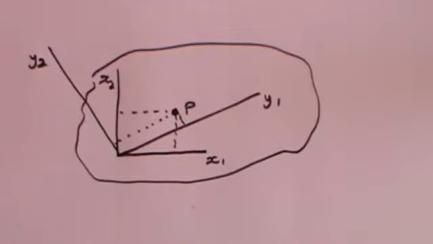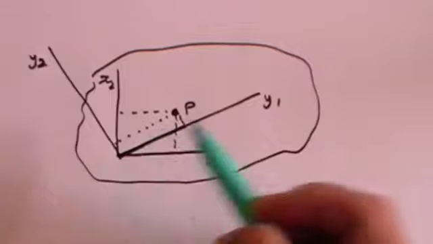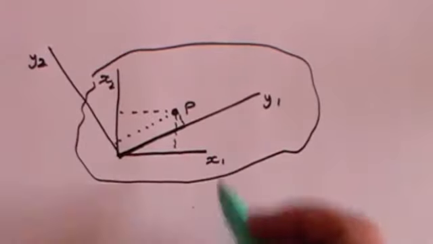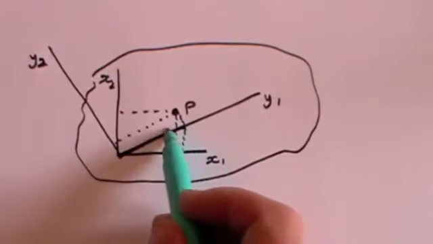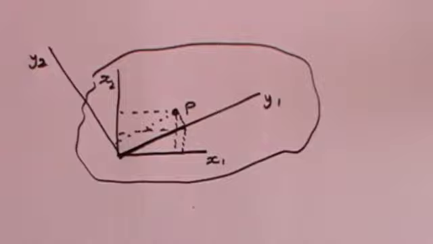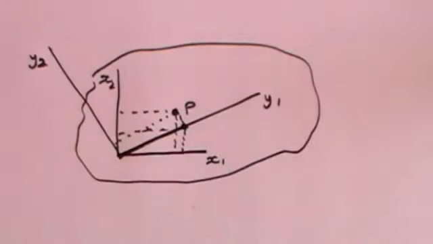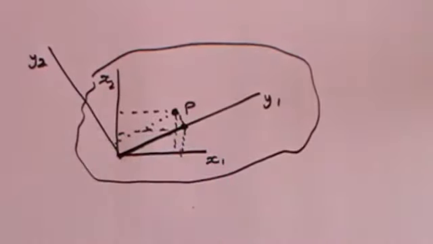And you'll notice that if I want to express Y1 in terms of X coordinates, I have to express it both in terms of an X1 coordinate and an X2 coordinate. In other words, the Y1 position for my point P is actually made up of an X1 and an X2.